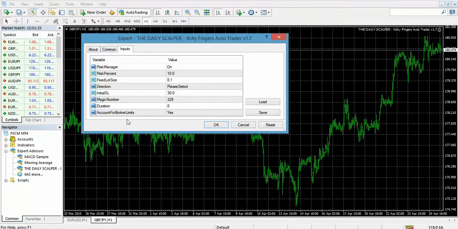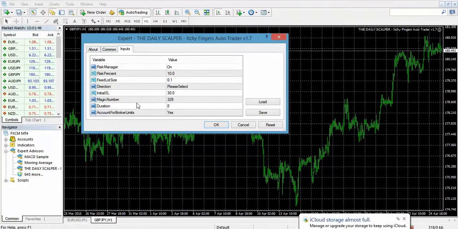So if you have broker limits, select yes on account for broker limits. Then if price is too close to your order point for the orders to go through, the EA will just place the order as close as it can, while sticking to those broker limits. So that's what that does.